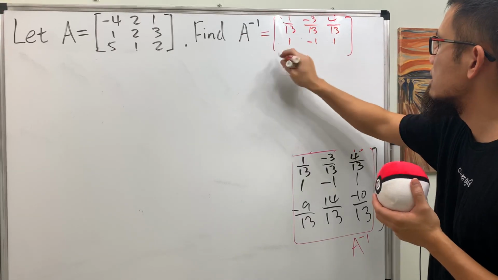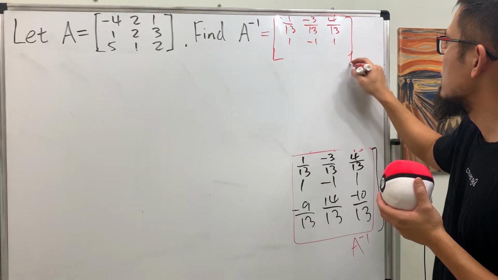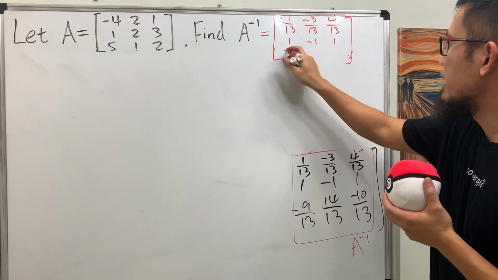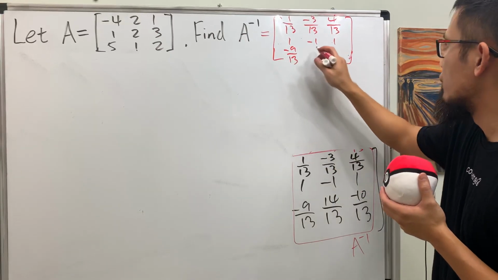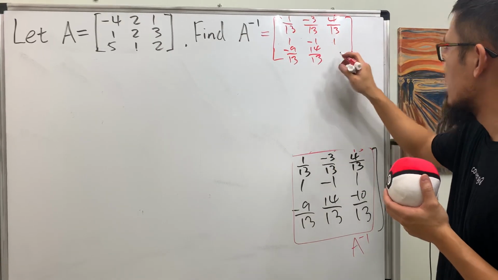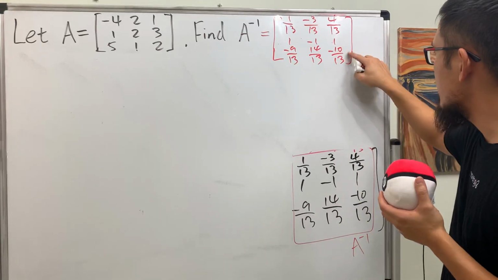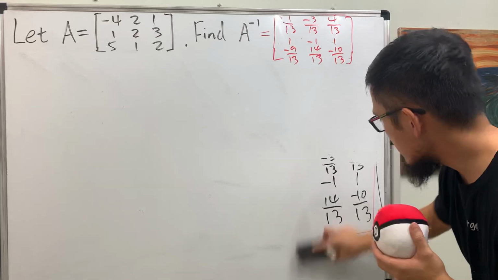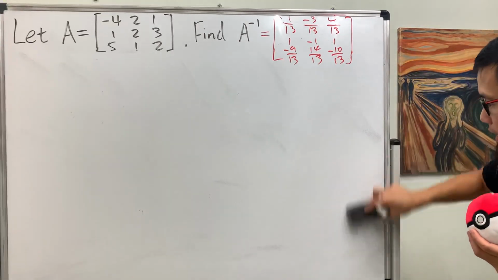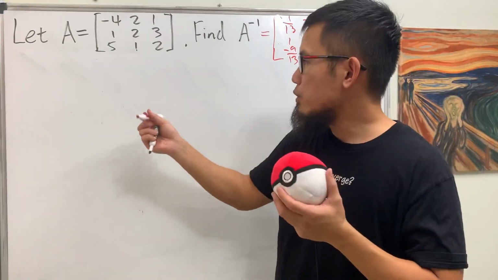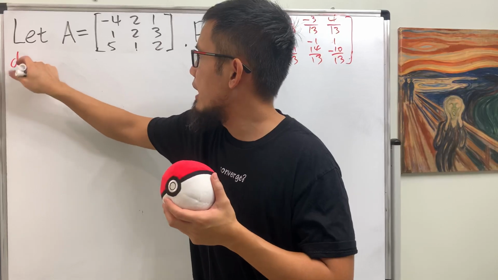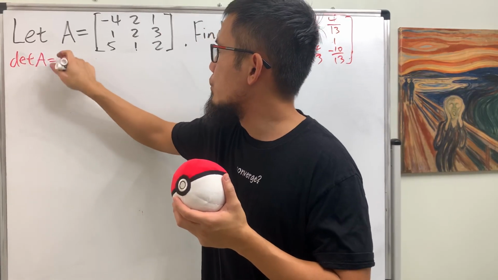And the last row is negative 9 over 13, 14 over 13, and negative 10 over 13. Okay, so that's what we have. So now I can erase this. Well, I will also remind you guys, remember the determinant of A is equal to 13.